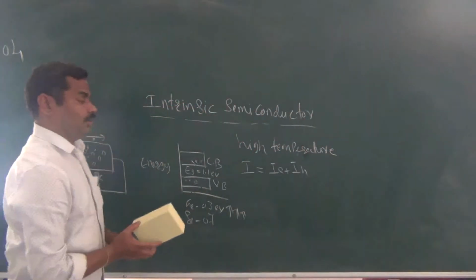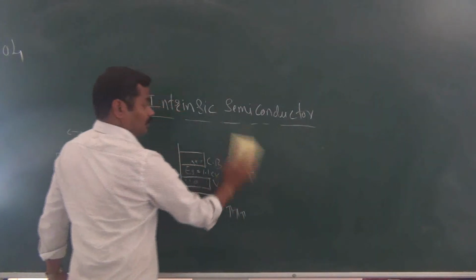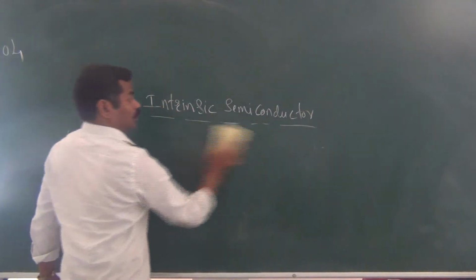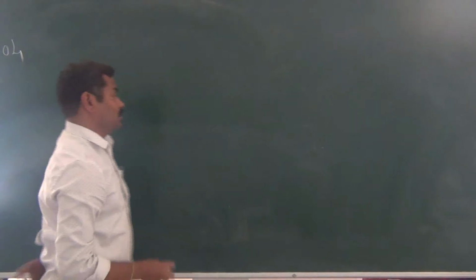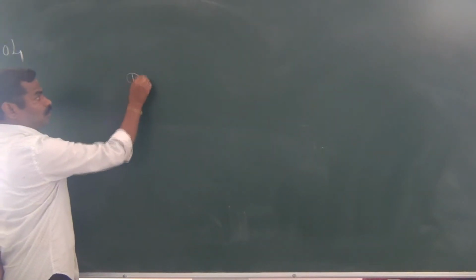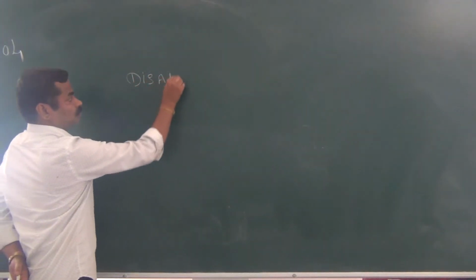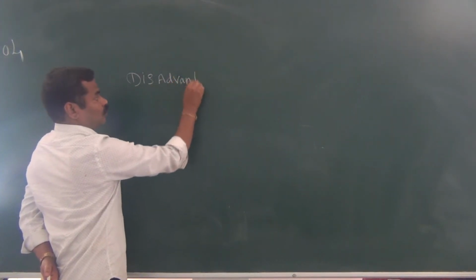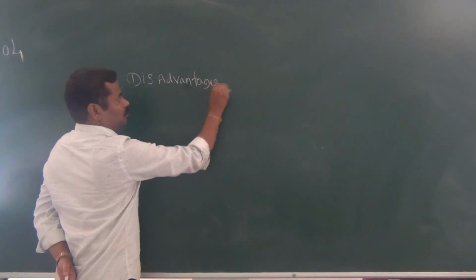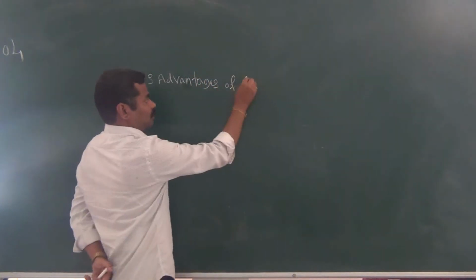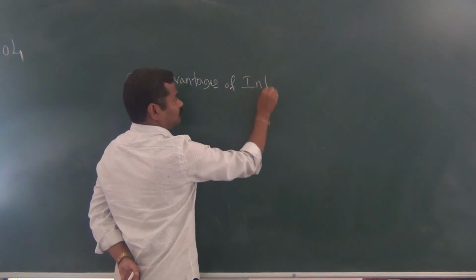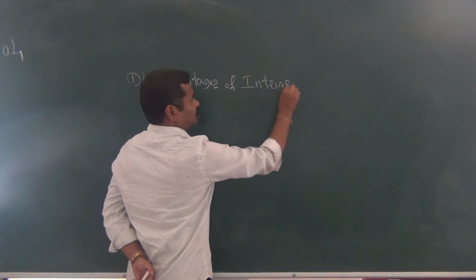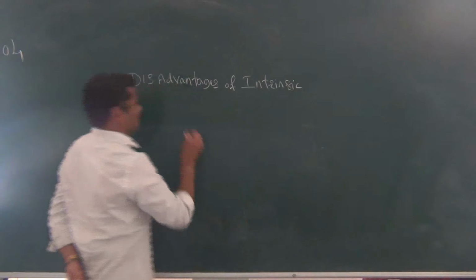Another important thing, before that we go for: what are the drawbacks or disadvantages of the intrinsic semiconductor? What are the disadvantages? Why are you not preferring the intrinsic semiconductor?